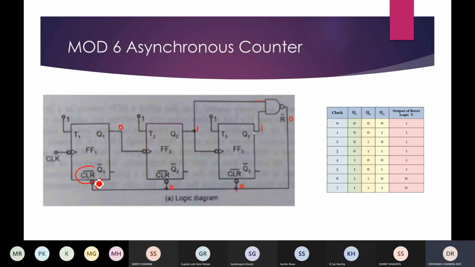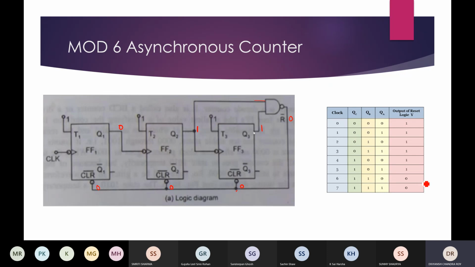Same thing is written here. Here it is written clear bar on it. Bar on it means clear is active low. Active low means when that input is low, my output will change accordingly. So here my input is 0 for the clear, and 0 for clear means it will be cleared, meaning 0 0 0 will be the next output.